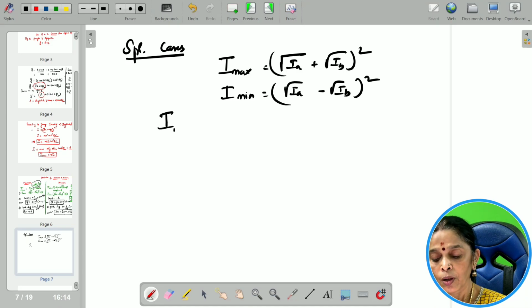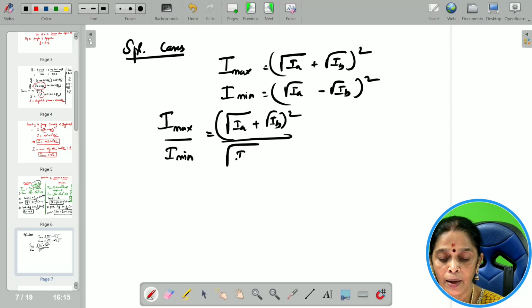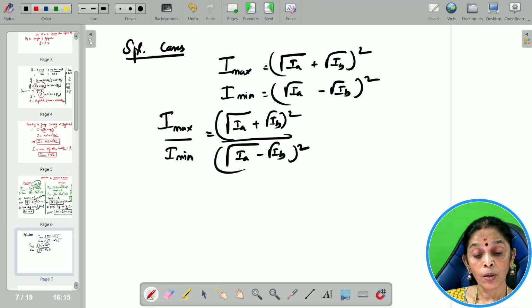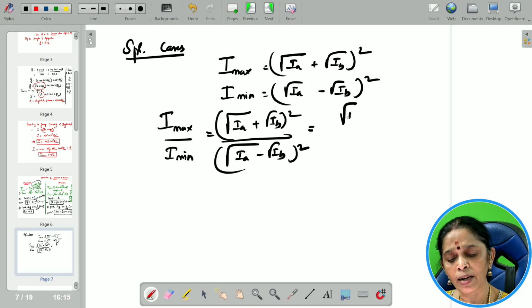So therefore, what is I max by I minima? I max by I minima is equal to (root of IA plus root of IB) the whole square by (root of IA minus root of IB) the whole square. But instead of taking this, I'm going to take root IB outside from the numerator and the denominator.